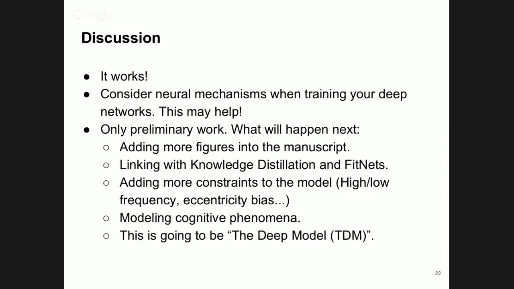My ultimate goal is to use this model, the final name is called the deep model, to model some cognitive phenomena, because that's what my work is about. So I want to expand Gary's model to the deep model, and hopefully it can give us more interesting results. Yeah, basically this is it. Thank you.